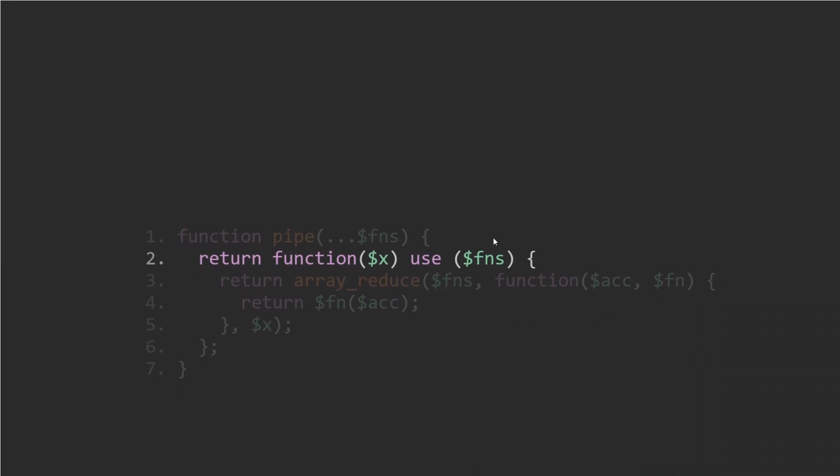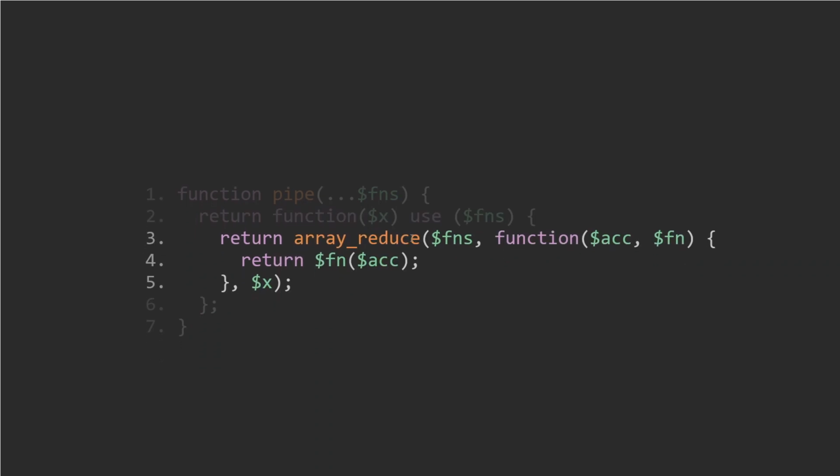We're going to return another function that takes a value, and we're going to use that array of functions. And then finally, we'll reduce on our array of functions. We'll use the value that you pass in as the seed value. And then our reducer function takes the accumulator, the current function in the array, and calls that function with the accumulator.